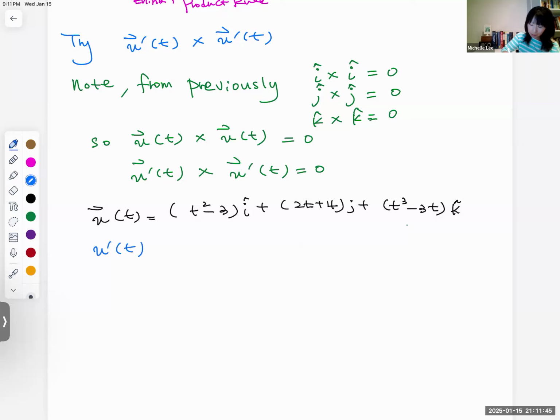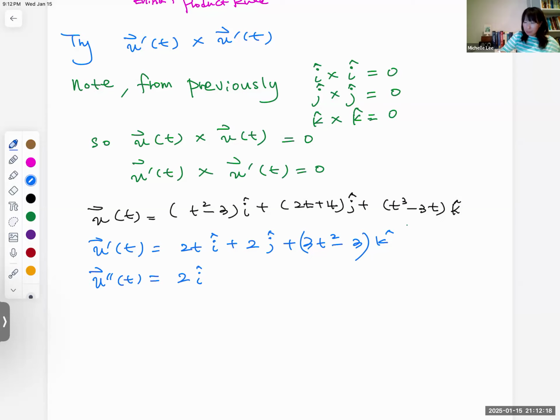So u prime is 2t i hat plus 2j hat plus (3t squared minus 3) k hat. Now the second prime, in vector notation, is 2i plus 0j plus 6t k. Please correct me if I make a mistake.